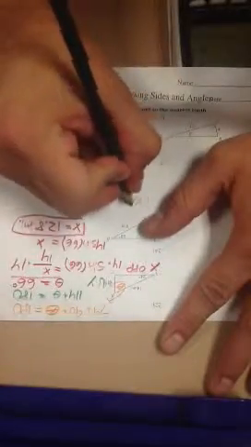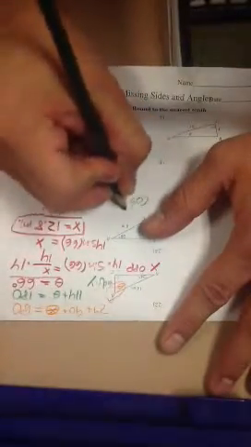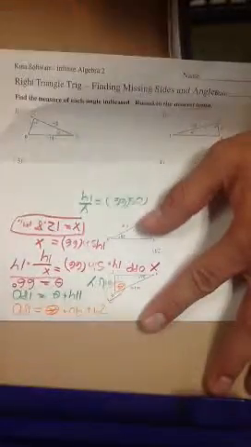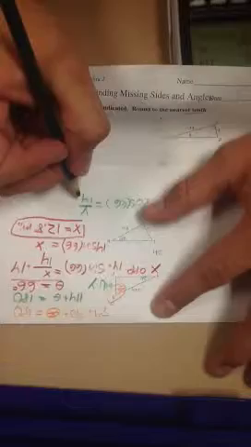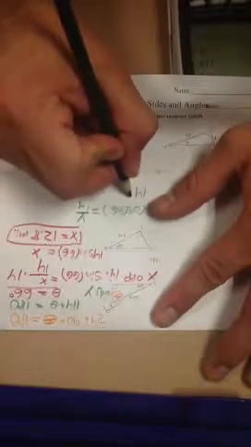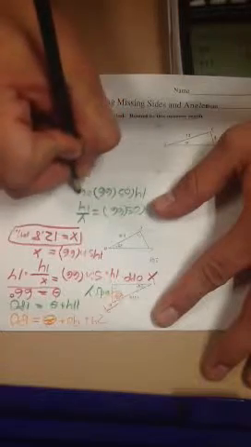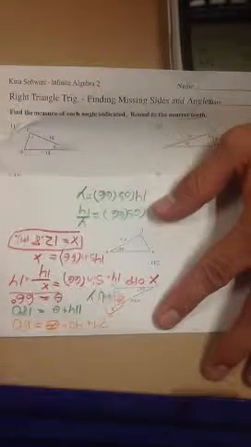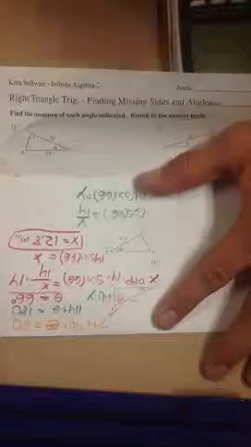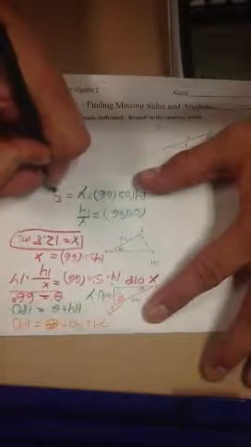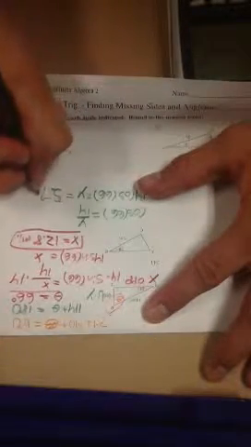So the cosine of 66 degrees is going to be equal to y over 14. So to solve for y, you're going to multiply both sides by 14, and 14 times the cosine of 66 degrees is equal to y. If I plug that in my calculator, that gives me an answer of 5.7 miles.